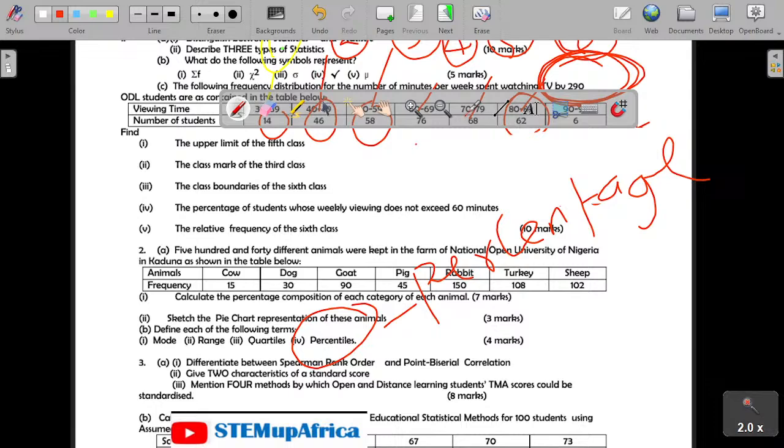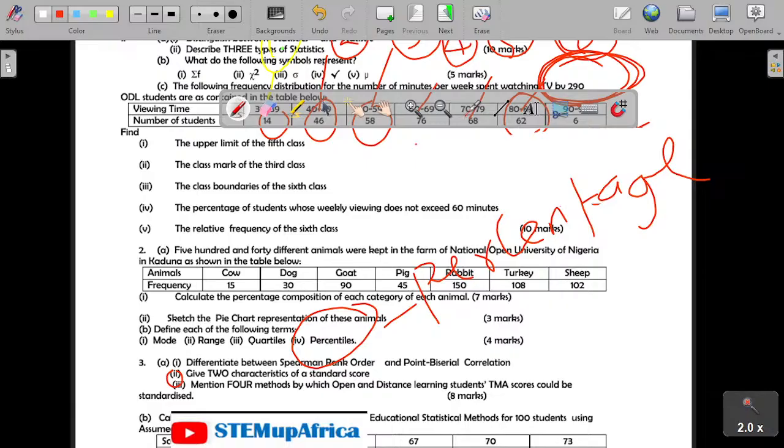The Spearman rank order is used to determine the relationship between two variables, let me say X and Y.